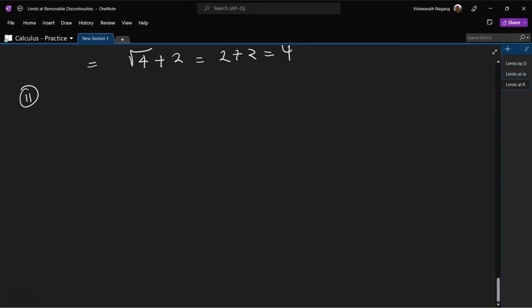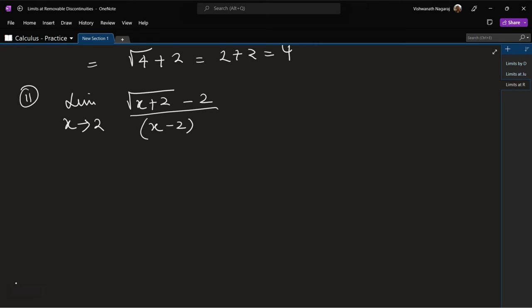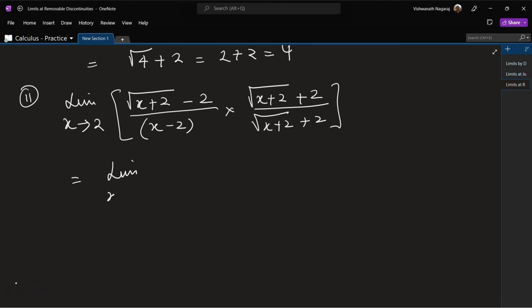Let's do the 11th one. Limit as x approaches 2 of (square root of x plus 2, minus 2) by (x minus 2). Okay, again, let's rationalize the numerator. So square root of x plus 2 plus 2 by square root of x plus 2 plus 2. So what do we get? We get the limit as x approaches 2 of (x plus 2 minus 4) by (x minus 2) times (square root of x plus 2, plus 2).